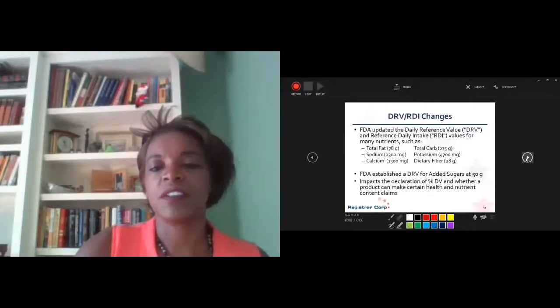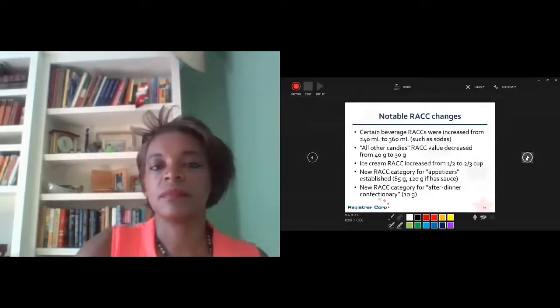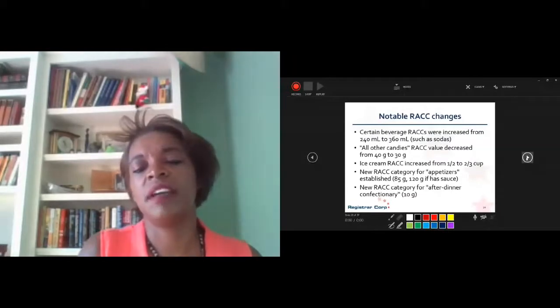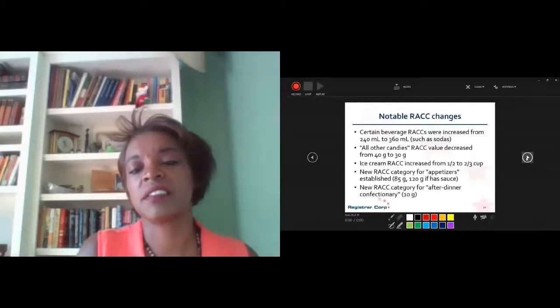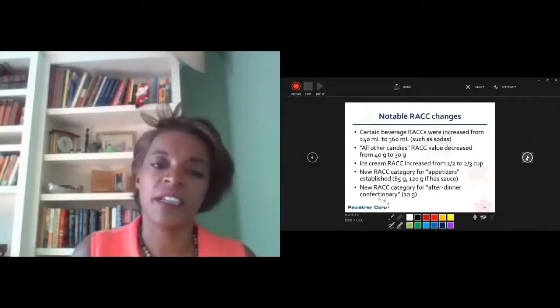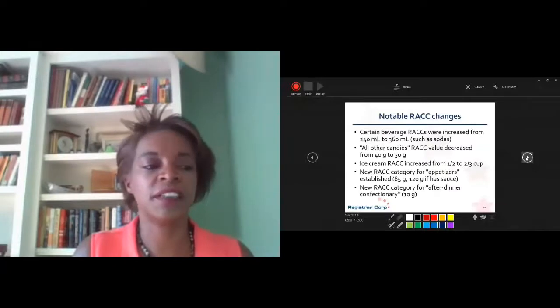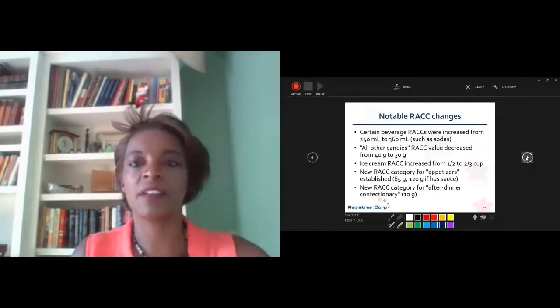And you see here also the added sugar at 50 grams. And then these are RACC values. And again, this is what FDA uses to look at measurements or sizes of what an American would normally eat at a serving. So the appetizer sizes have changed, the after dinner confectionery, and so on. So again, you need to be aware of that.